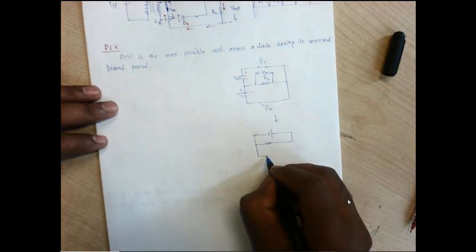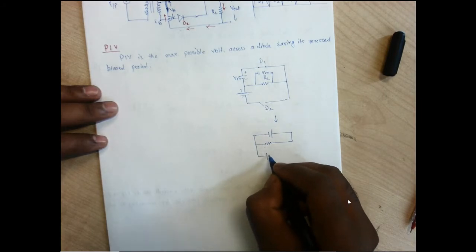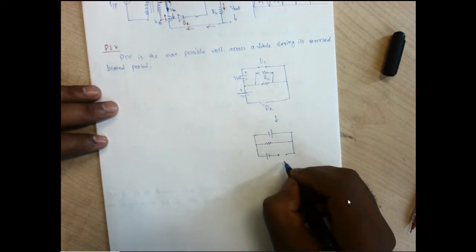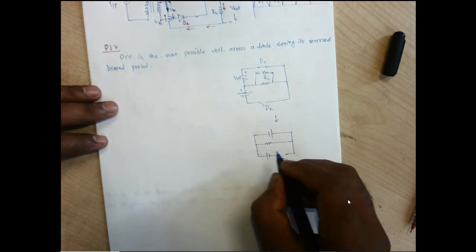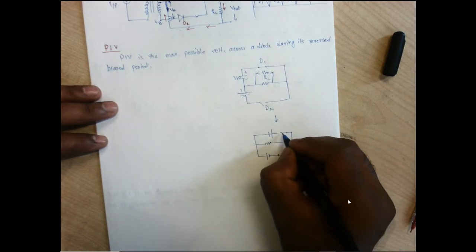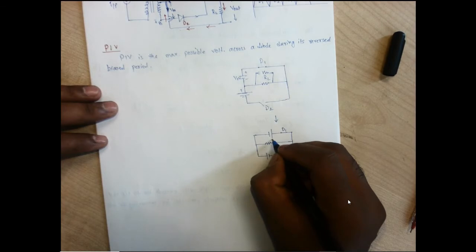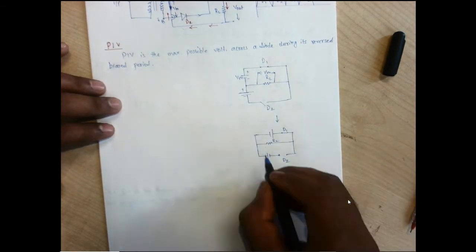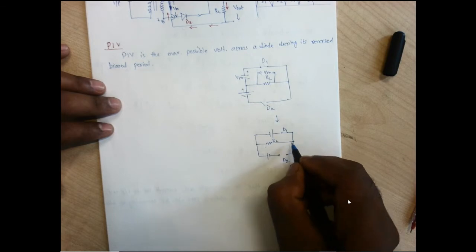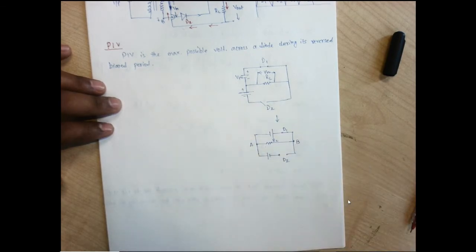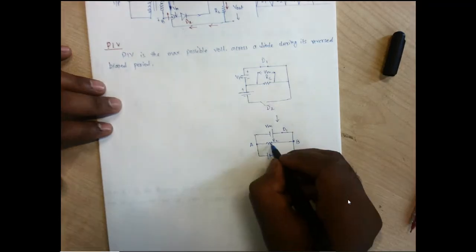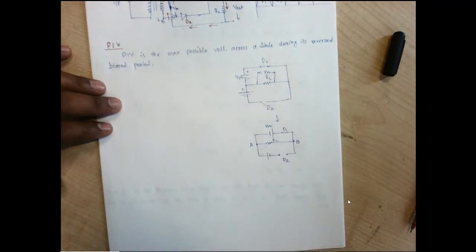It has the open circuit point, which is our D2, and D1 is short circuited, along with RL. So what is the voltage coming across this D2? If we consider points A and B, it has the same voltage as Vm, because this RL is connected in parallel with this Vm. So VAB is simply Vm.